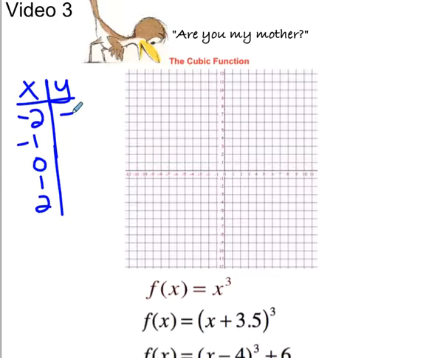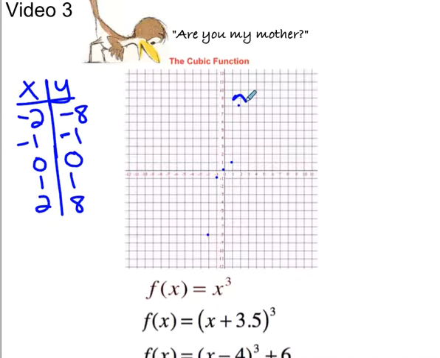Negative 2 to the third is negative 8. Negative 1 to the third is still negative 1. 0 to the third is 0. 1 to the third is 1. 2 to the third is 8. So I'm going to get these coordinates right there, and 1, 1, and 2, comma, 8.